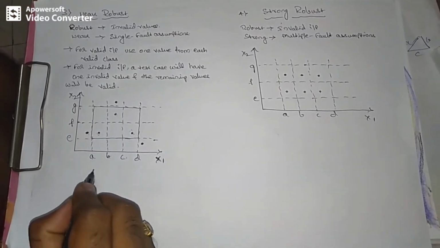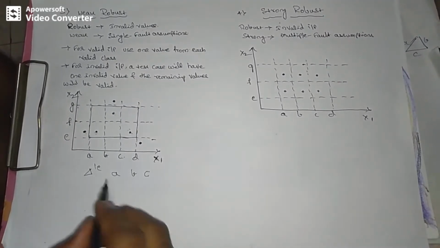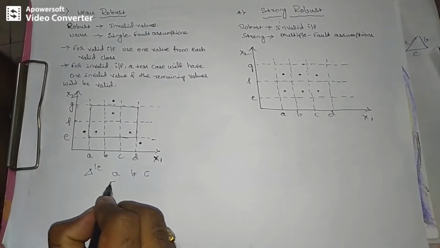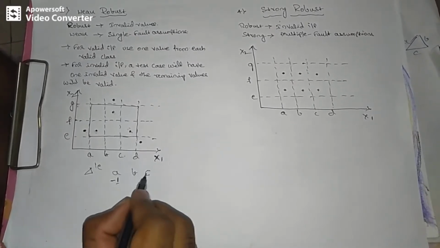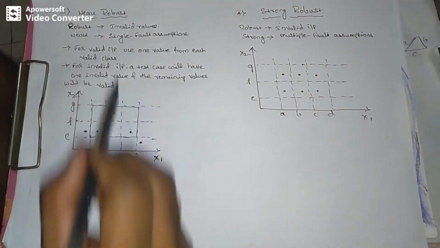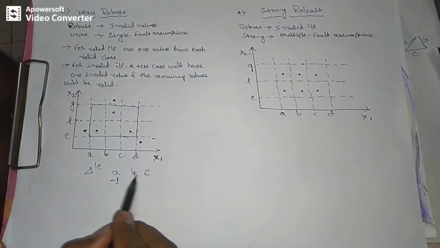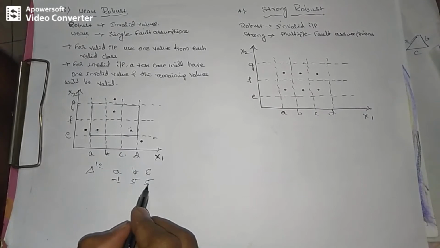For example, for a triangle problem, three inputs are there: A, B, C. One input value can be invalid, for example -1, and the other two must be valid input variables with the single fault assumption. If I am changing this one, the remaining two should be nominal. Nominal means 5, 5.